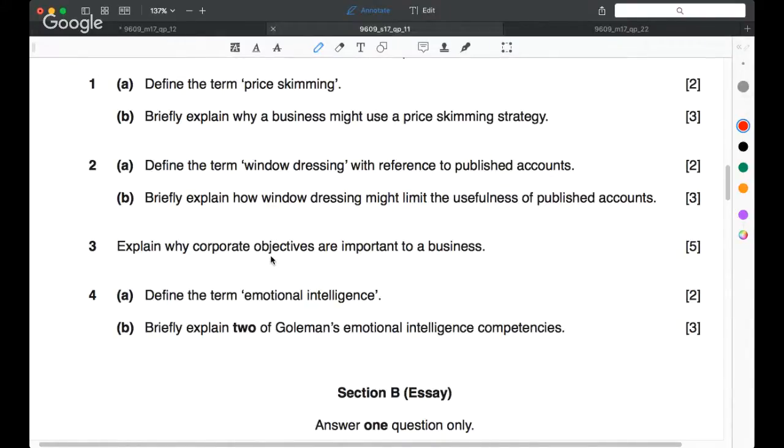So moving on to 2A, window dressing. Define the term window dressing with reference to published accounts. Window dressing accounts is mostly found, I would argue, in investment brokers or mutual funds, organisations that generally rely on investors.